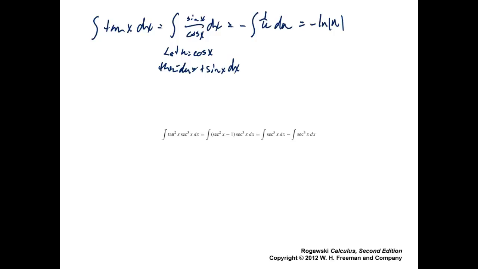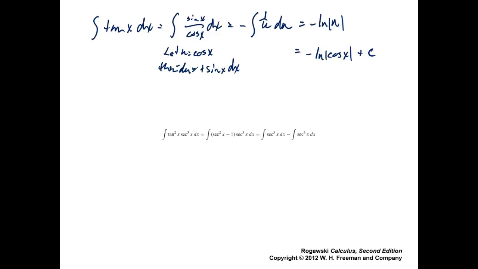Okay? So that's now plug back in. Minus log of cosine x, and we'll put that in absolute value bars too. And I'll go on and put my plus c out here. Okay?